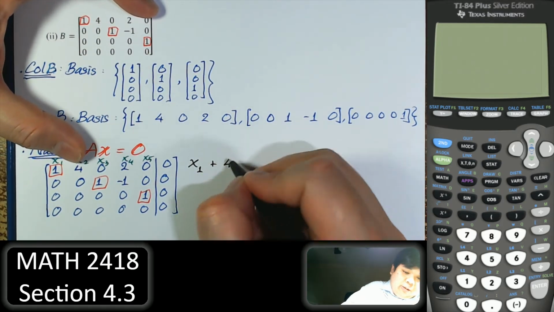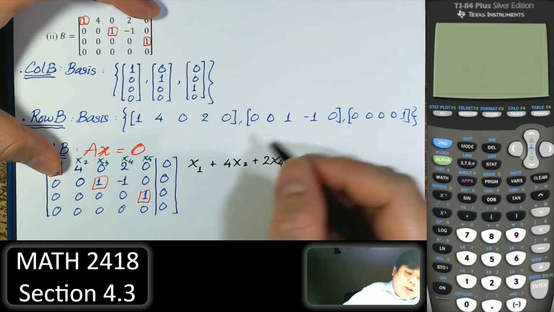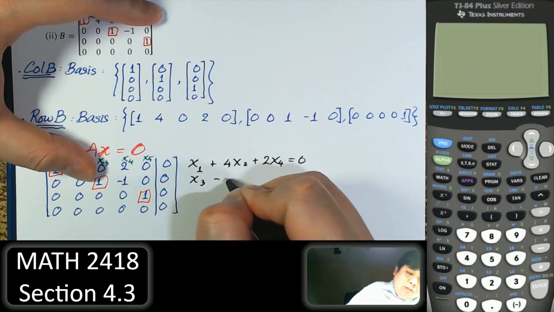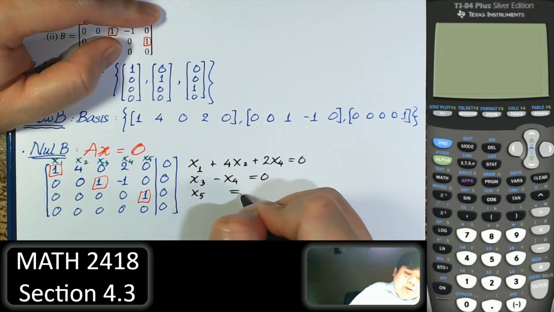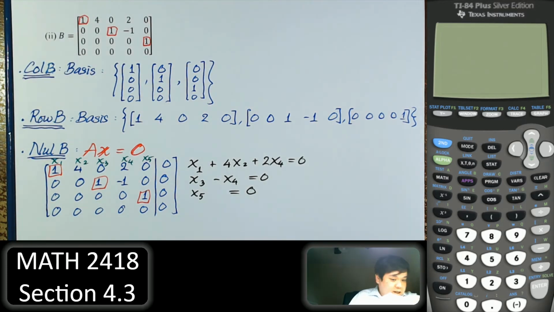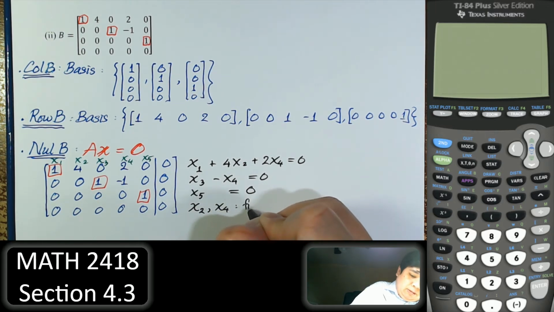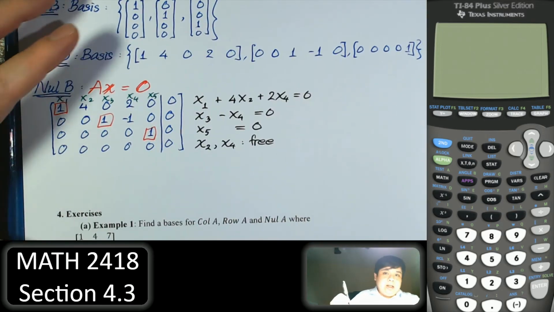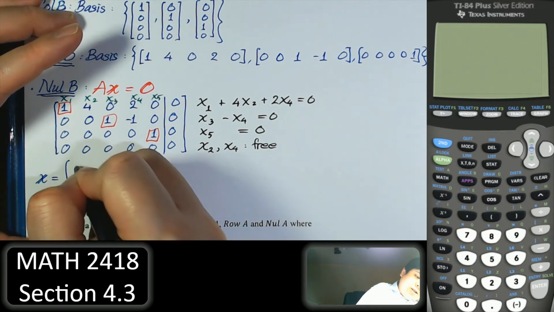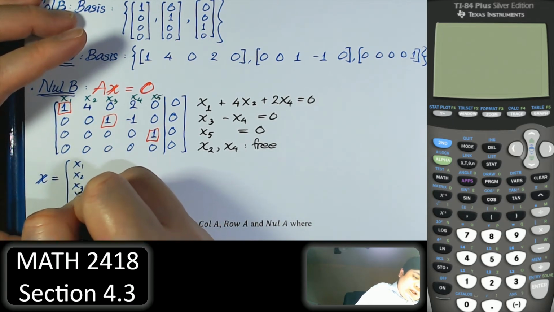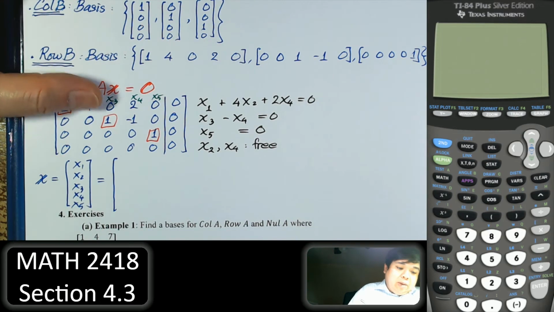We have x1 plus 4x2 plus 2x4 equal to 0, x3 minus x4 equal to 0, x5 equal to 0. Well, in this case we have x5 must be 0, and x2 and x4 are free. In this case, we will rewrite this as x1, x2, x3, x4, x5.